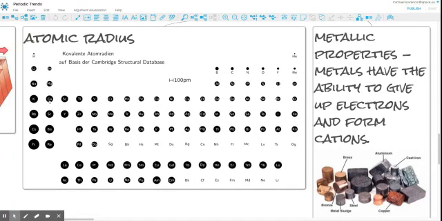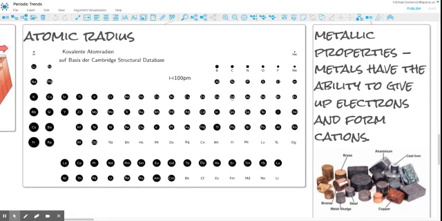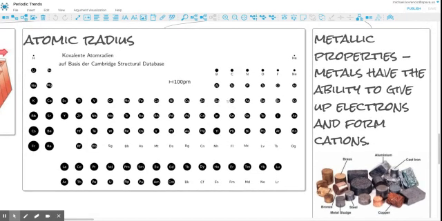So as we move across the period, the nucleus gets larger and there are more protons. And even though there are more electrons, those electrons are not further away from the nucleus. So the effective nuclear charge, that net positive attraction that the electrons feel from the nucleus, actually increases across the period, even though we're adding electrons.